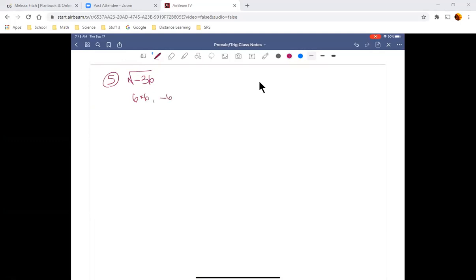If we did negative 6 times negative 6, that's going to give us a positive 36. So there's no way you can multiply two numbers together that are exactly the same and get a negative, right? So these are those imaginary numbers that we'll talk about in the near future. So right now, either no real number because it's imaginary, it's not real, or you can just say it's undefined.